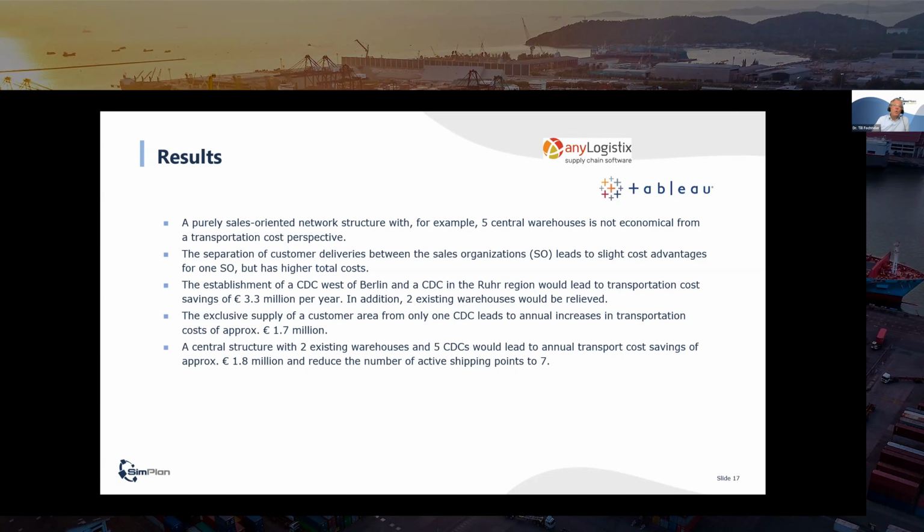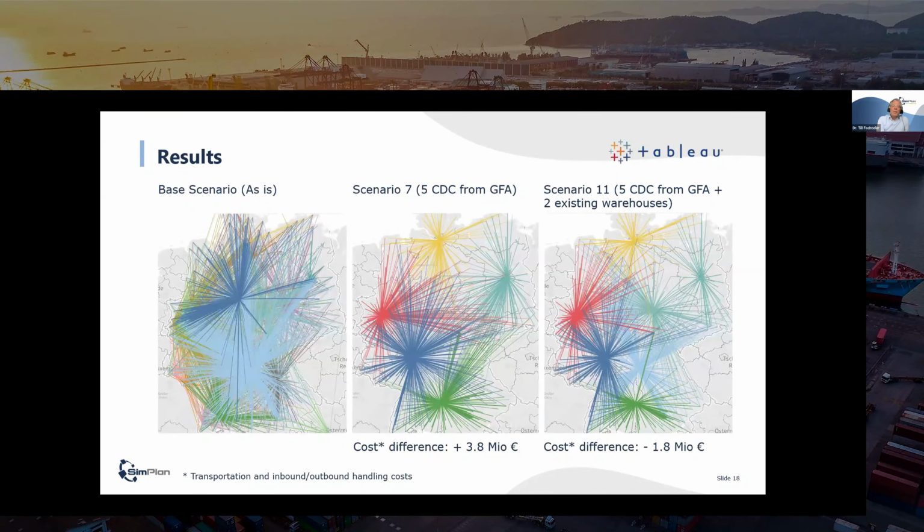To give you a visual impression of the network we are talking about, I have these three evaluations done using Tableau. We have the base scenario. Here you see the shipping points and factories, and the arrows are representing the material transport to customers.